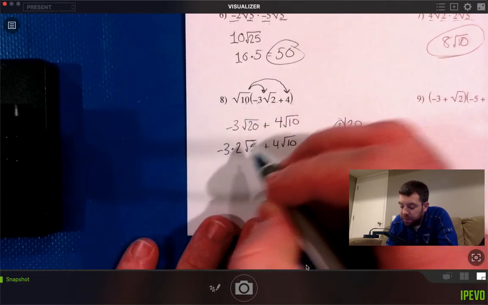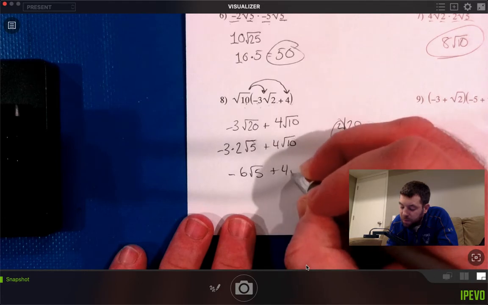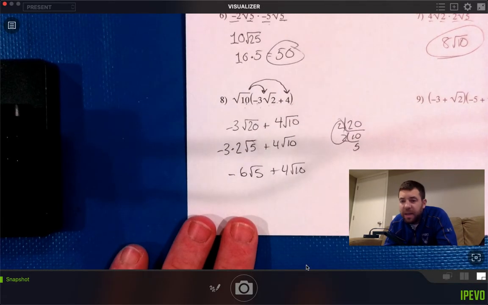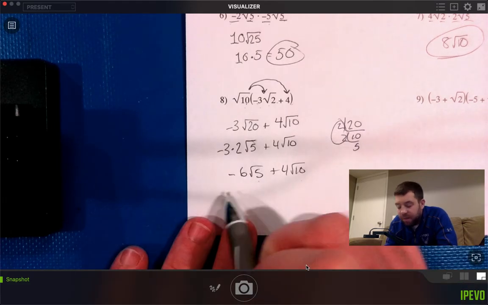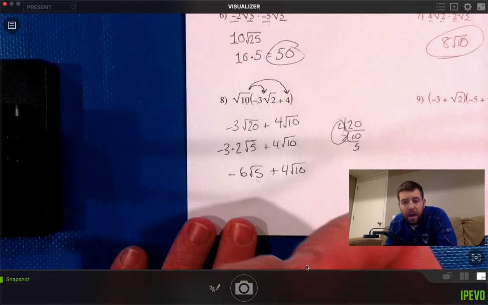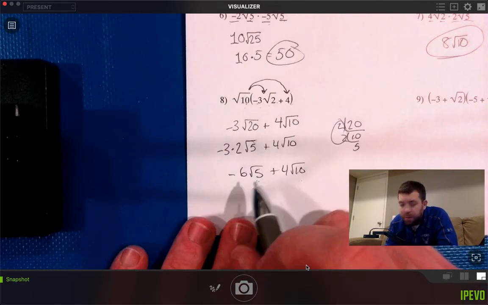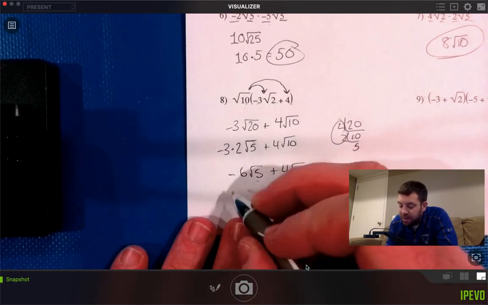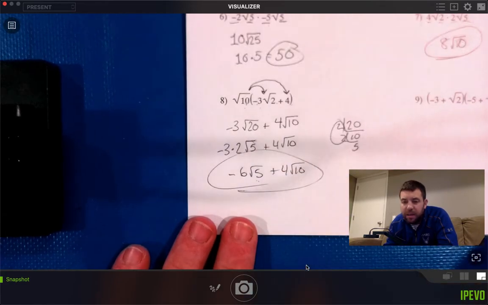Well, negative 3 times 2 is a negative 6 radical 5, plus 4 radical 10. Now, guys, I cannot add these because they are not like terms. If these were like radicals, absolutely, we can add them, but they are not, so I cannot add them together. So negative 6 radical 5 plus 4 radical 10 is my answer.